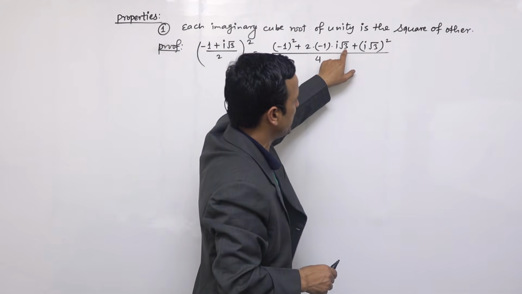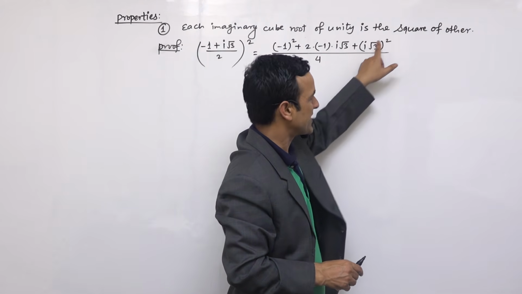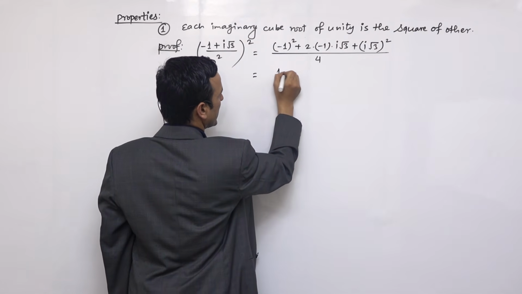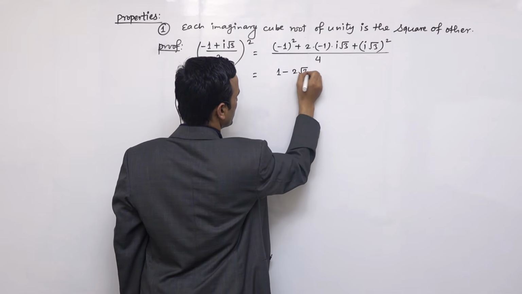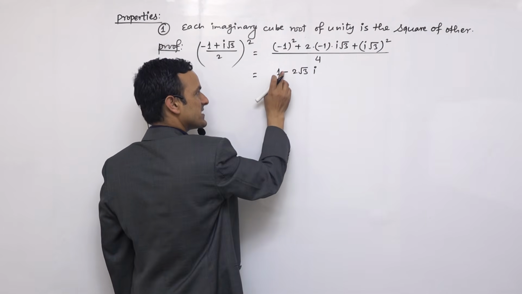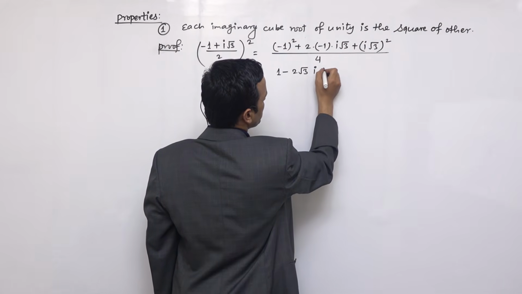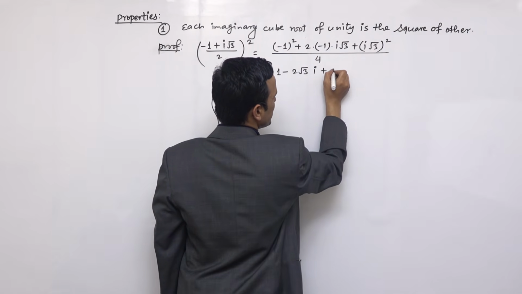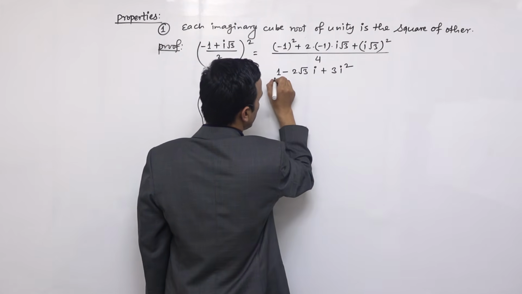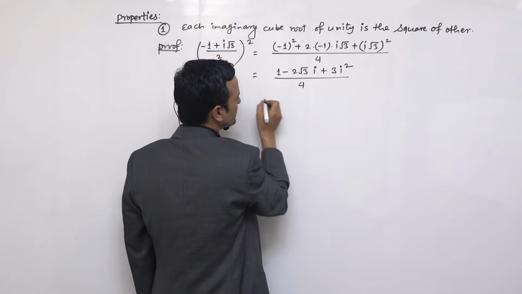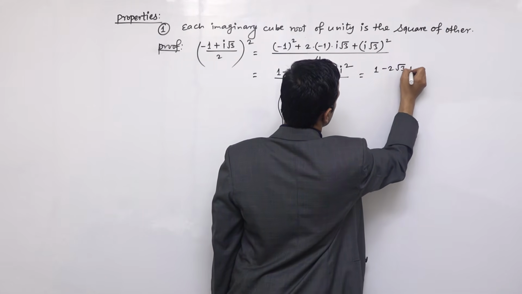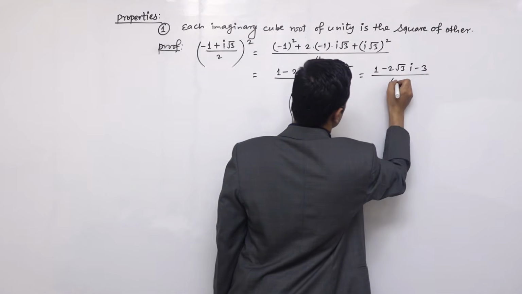So let's solve it: it is 1, and here 2 into root 3 into I, that is 2 root 3 I, with a minus sign. The square of root 3 is 3, I square is I square, and here is 4. So 1 minus 2 root 3 I minus 3 divided by 4.